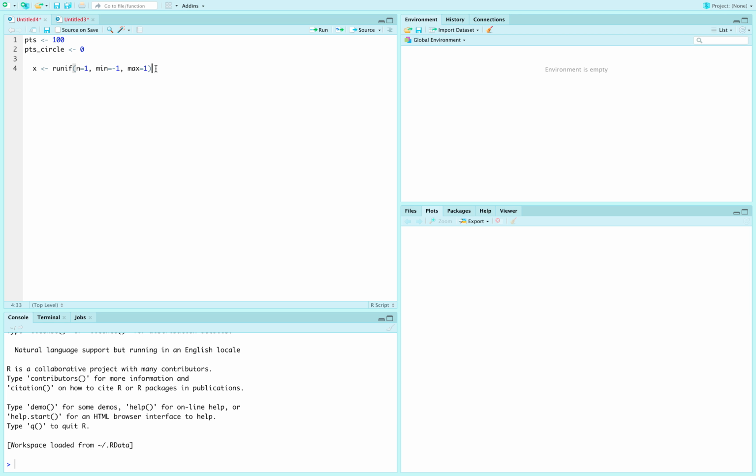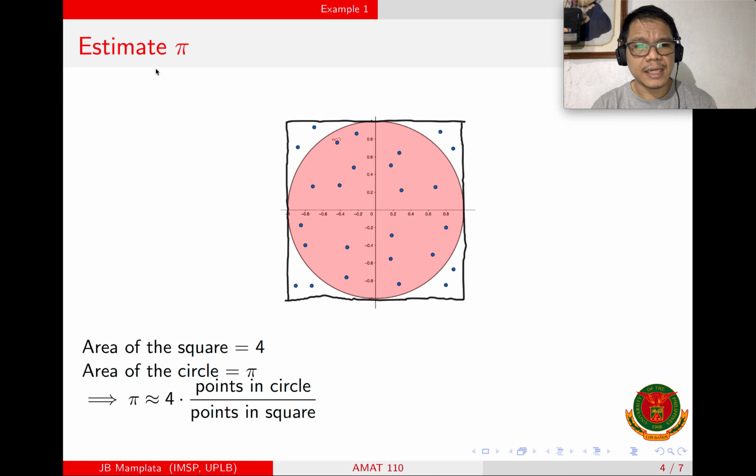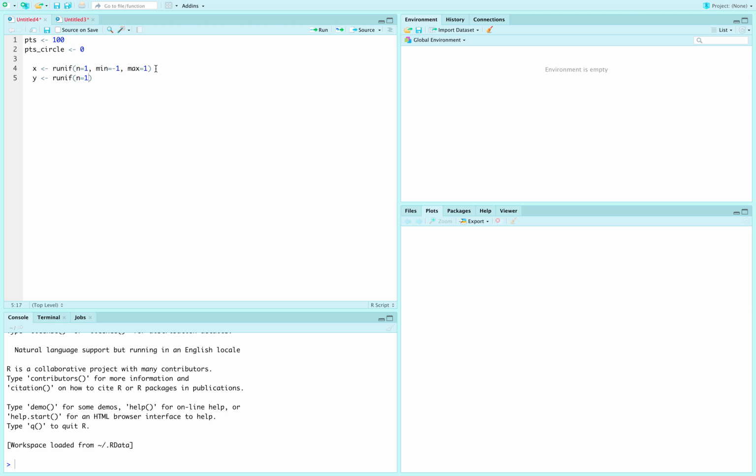Okay? On the other hand, kailangan din natin ng y coordinate. So similar to x, kukuha rin tayo ng isang number from -1 to 1. So the minimum value is -1 and the maximum value is 1. Okay?